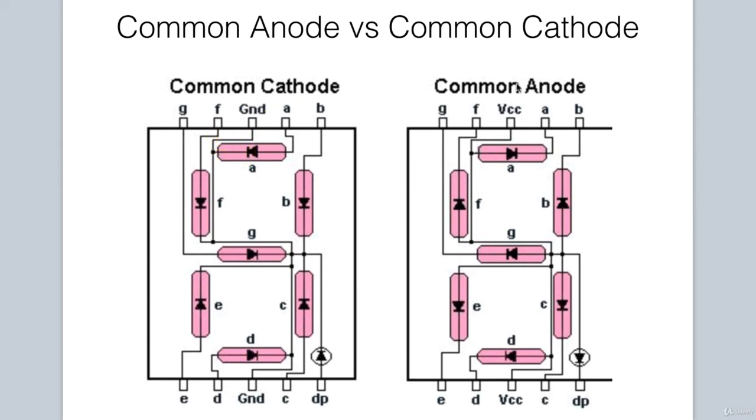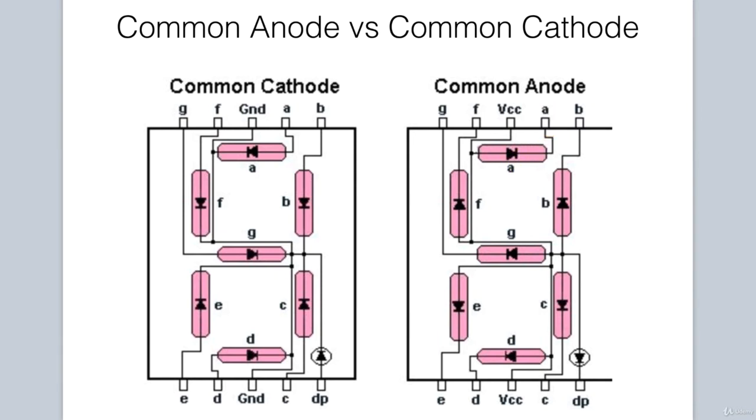For a common anode, the reverse is true. The common pins 3 and 8 are connected to 5 volts or high. So in order to make a segment light up, you have to apply a ground or 0 volts to the pins so that current can flow through the commons, down through the LED, and down to ground to turn it on.